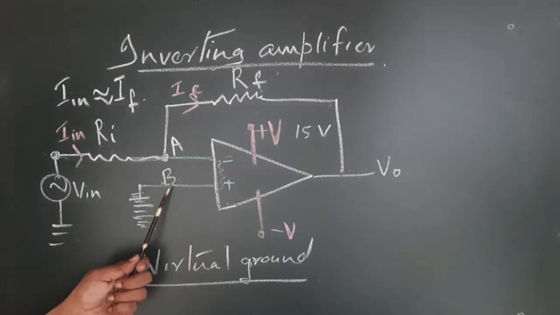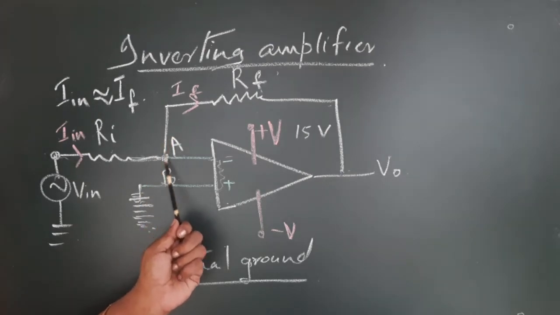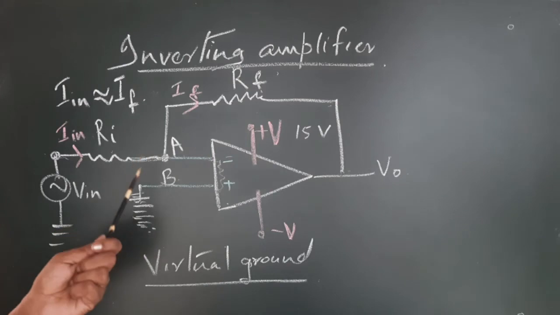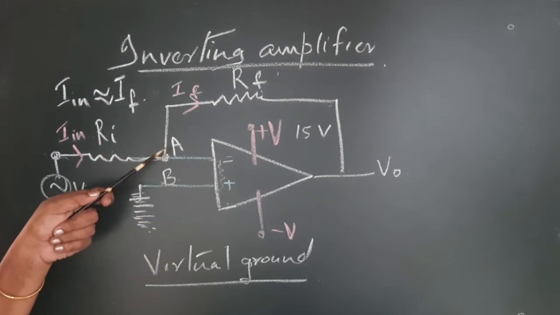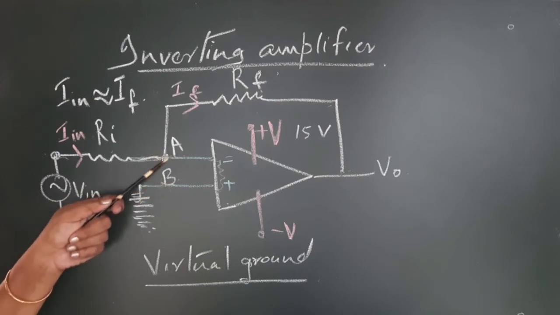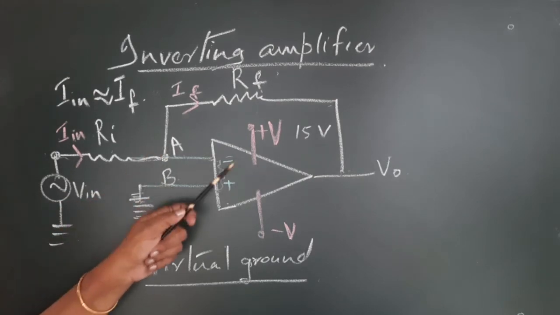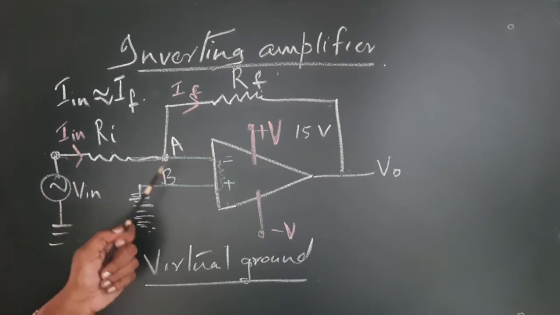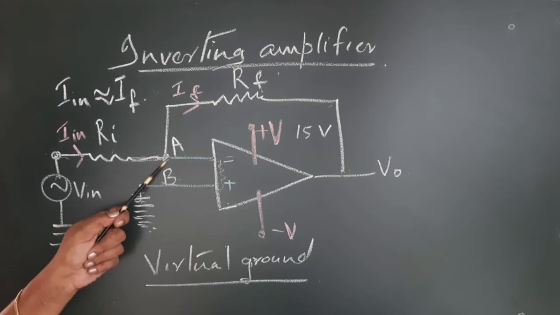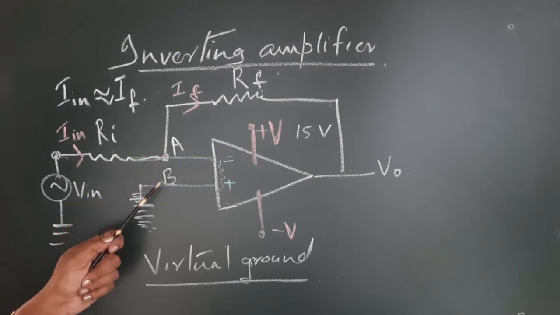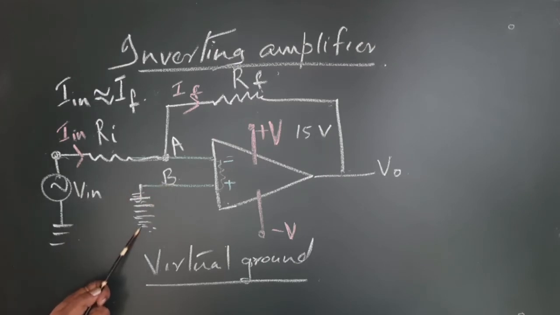So, you can say that as no current is entering the op-amp, you can justify that the points A and B are more or less at the same potential. That is why no current is flowing. So, in that concept, you can call this point A to be at the same potential as that of B, and B is grounded.